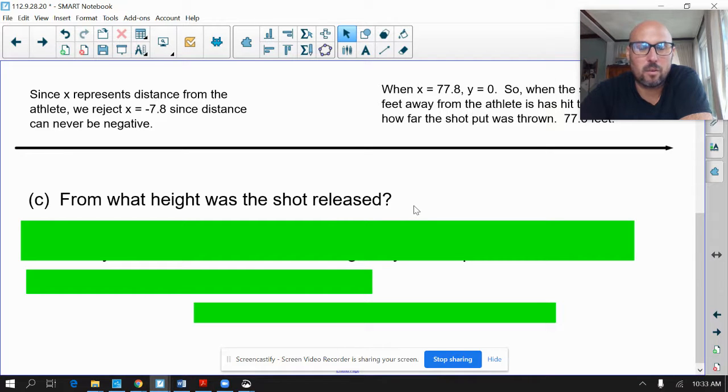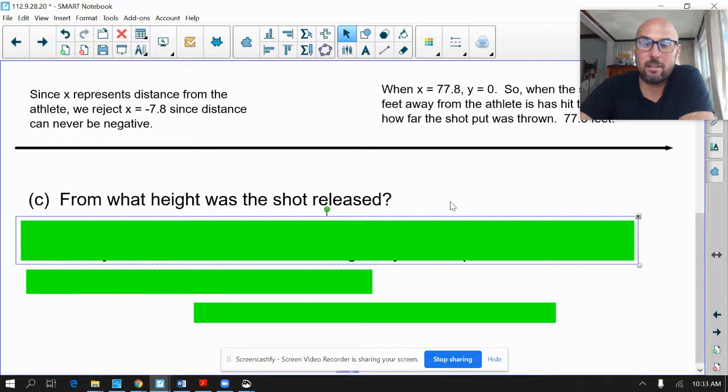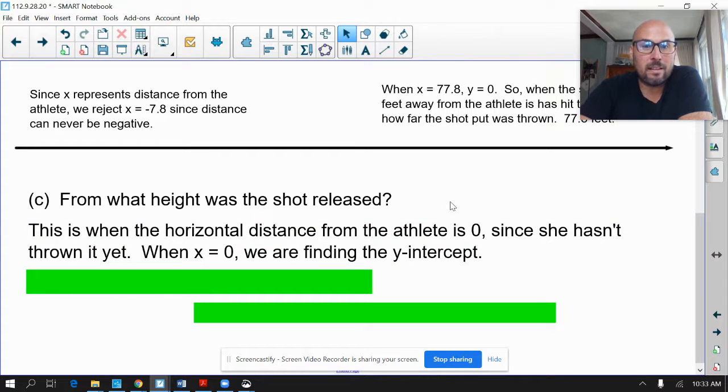In other words, what height did this shot put begin? It didn't begin on the ground and she hoisted it up and threw it. It began on her shoulder and she pushed it out. Well, how high exactly? At the beginning of her throw, the distance from her is 0. Remember, x represents the distance from the athlete. So this is finding when x is 0, what's the y value?